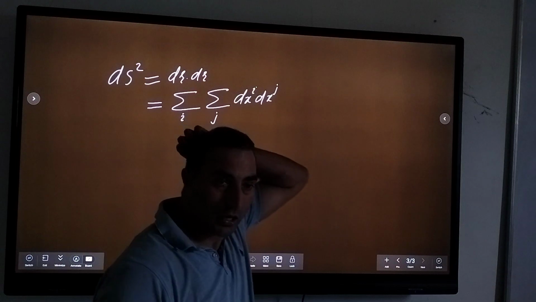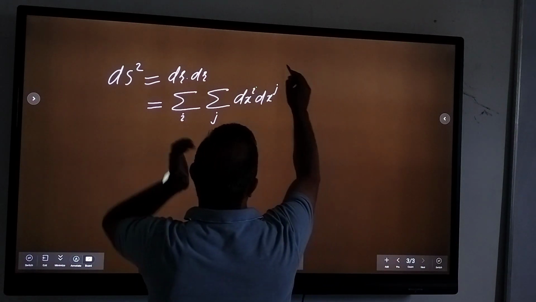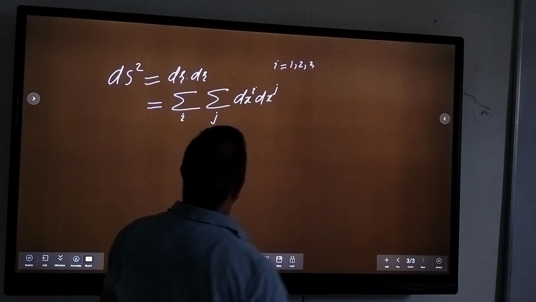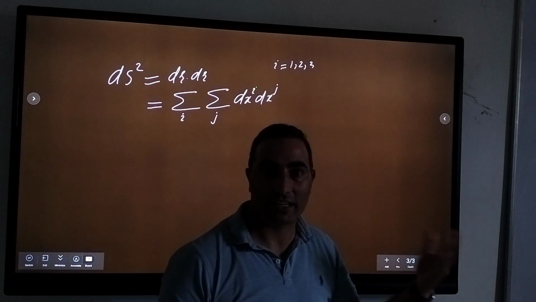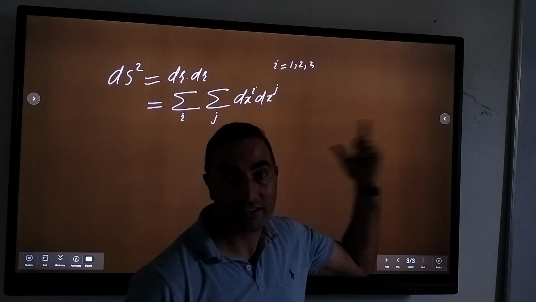I think it's clear, because I can take values 1, 2, and 3, right? So that means if it is dx1, this is dx, and if it is dx2, that is dy.